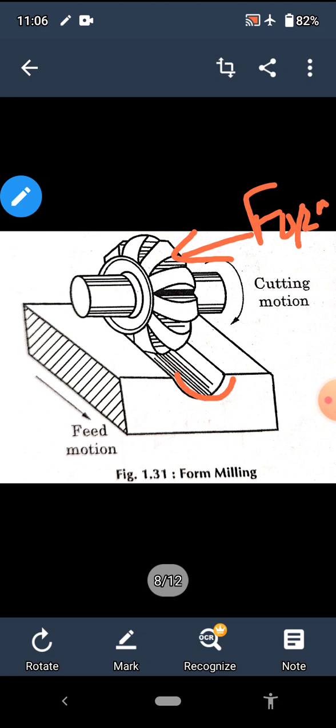So here is the workpiece which is fitted on the milling machine table, and this is the direction of the feed, and the cutter rotates about its own axis, and the shape produced by the form milling cutter is the same as that desired on the workpiece.